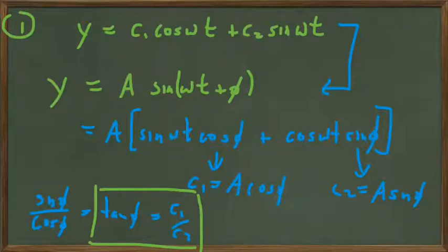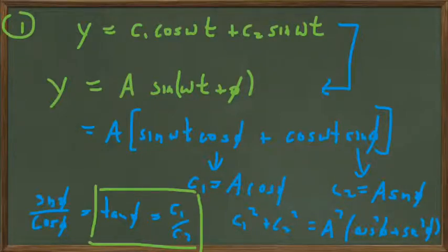So that means that if we square C1 and C2 and add, that gives us A squared times cosine squared phi plus sine squared phi.